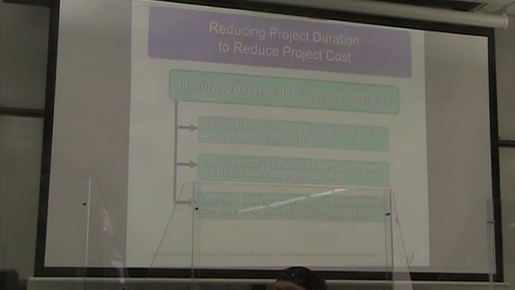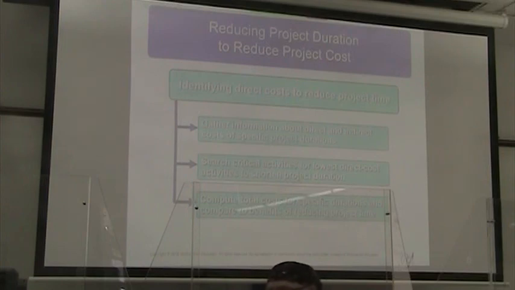So we may say, you know what, it'll cost us $10,000 more to shorten this part of the project, but after that, any other part of the project is a minimum of $30,000 to shorten it. Let's go for the 10,000.